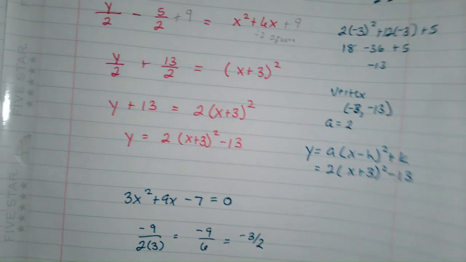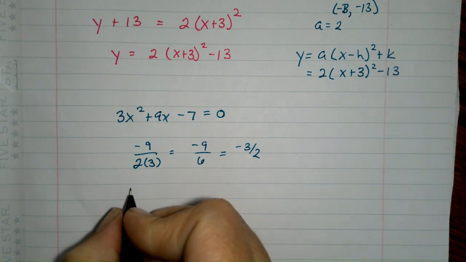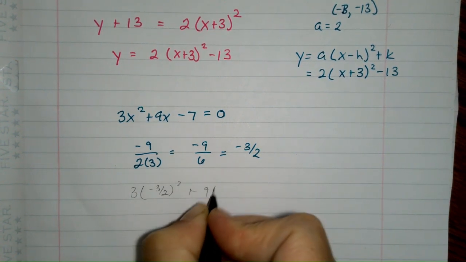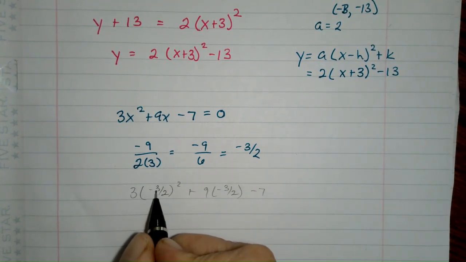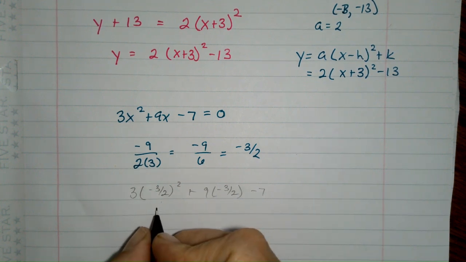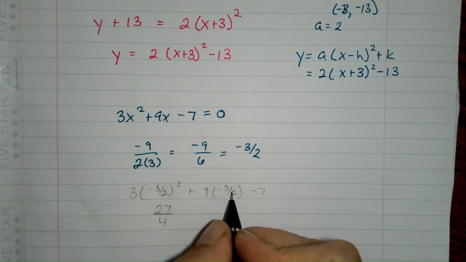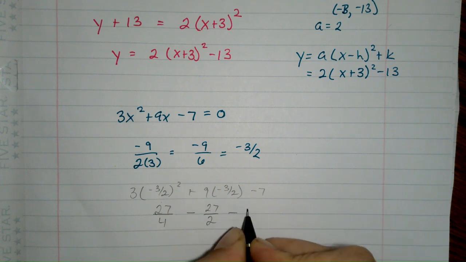Then I have to substitute that. So this would be 9/4 times 3. So that'd be 27 over 4. This would be minus 27 over 2. And this would be minus 7.